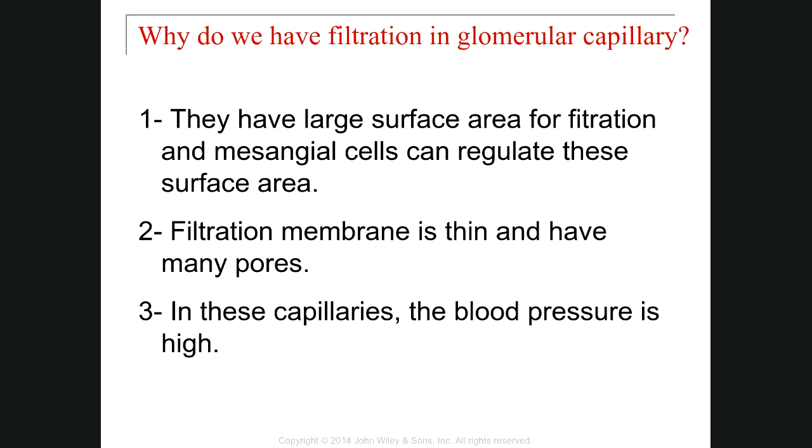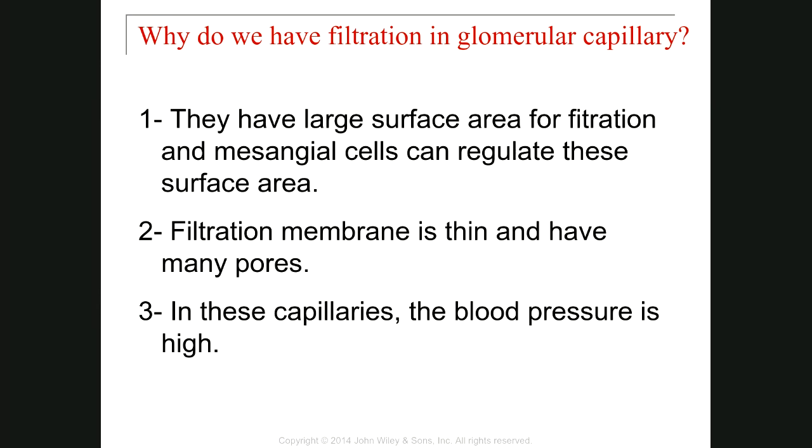The process of filtration is the same in glomerular capillaries like the blood capillary which we have in all parts of the body. However, the volume of fluid filtered by our renal corpuscle is much larger than the other capillaries.